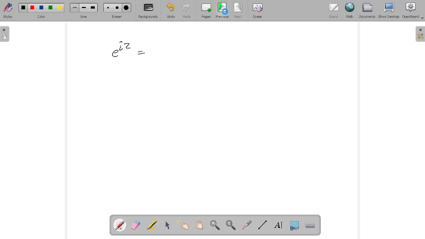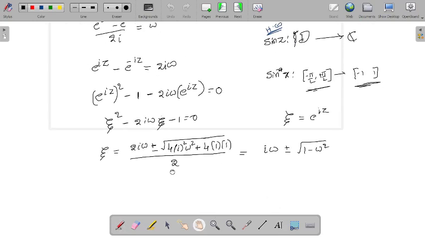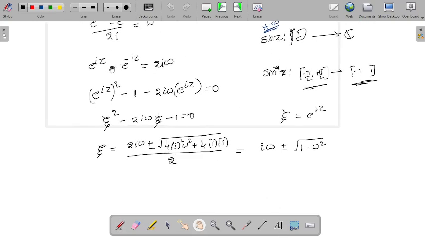Okay, so here we are getting two things, plus or minus. Which one should I take? Should I take plus or minus? So we will consider only the plus part.